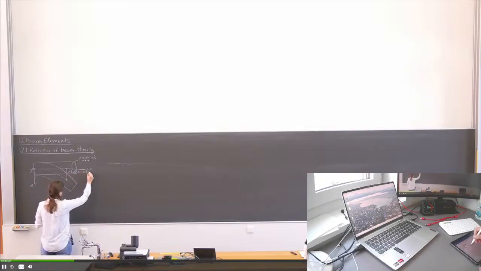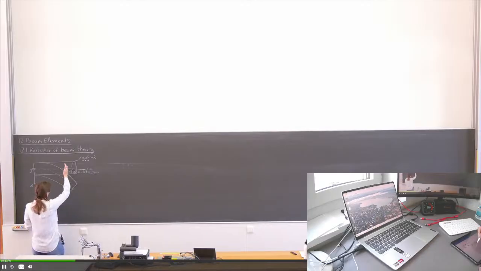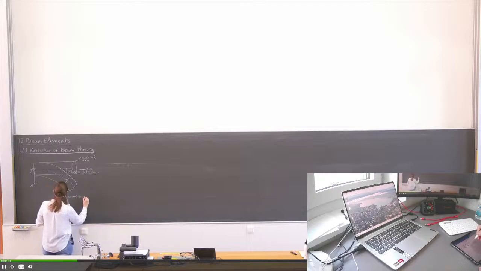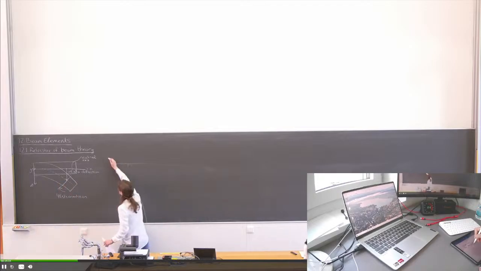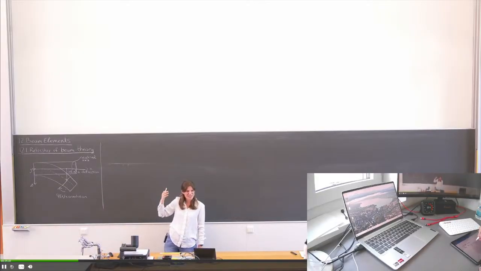In German you would know it as the Biegelinie of your beam. And then we introduce one more thing: this went straight down, but we also say our beam rotated by psi of X, and this is the orientation.